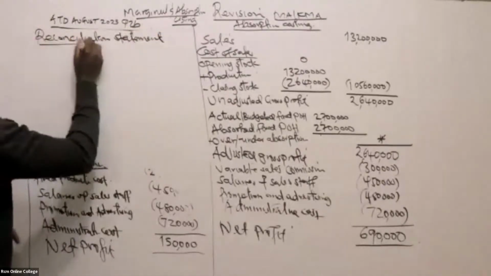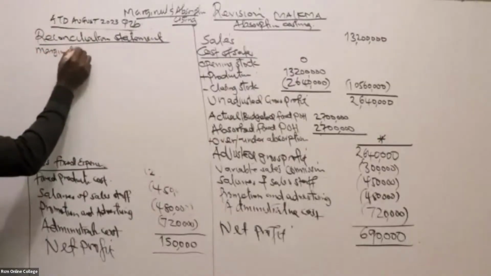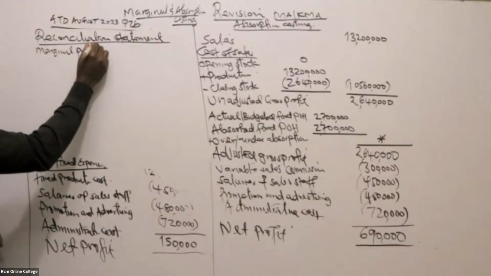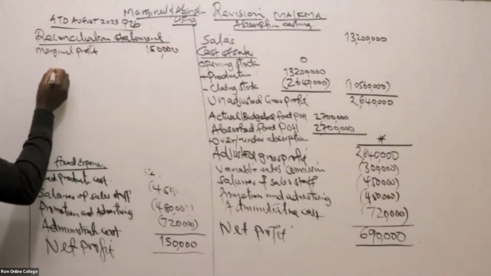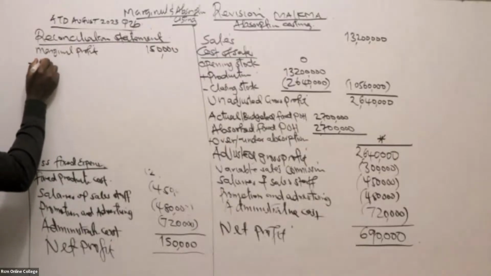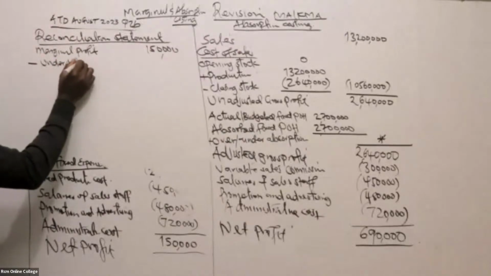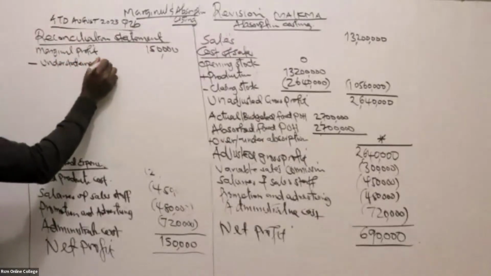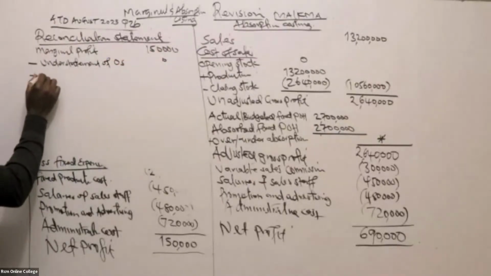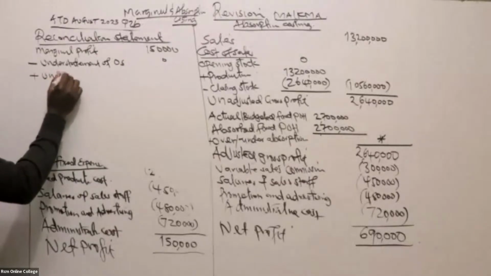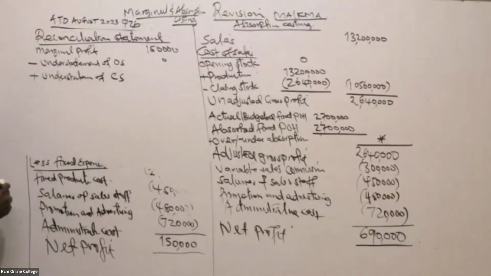So marginal profit, or profit as per marginal costing, is 150,000. Then what did he say? Less understatement of opening stock, which we are not having. Then add understatement of closing stock.